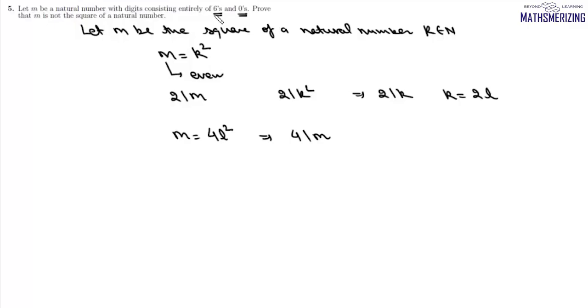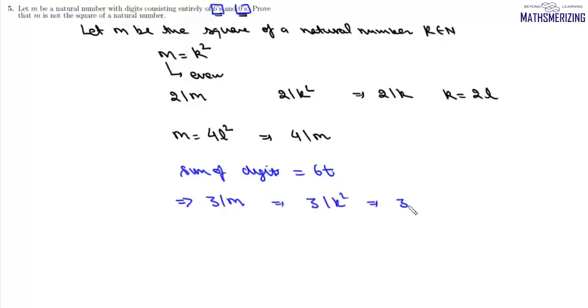Now since all the digits are made of either 6s or 0s, that means the sum of digits will be some multiple of 6, say 6t. And if the sum of digits is 6t, that means this number m is divisible by 3. So we can write 3 divides m. If 3 divides m, that means 3 divides k square.